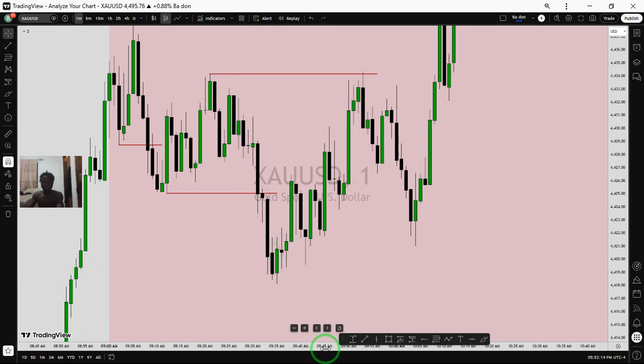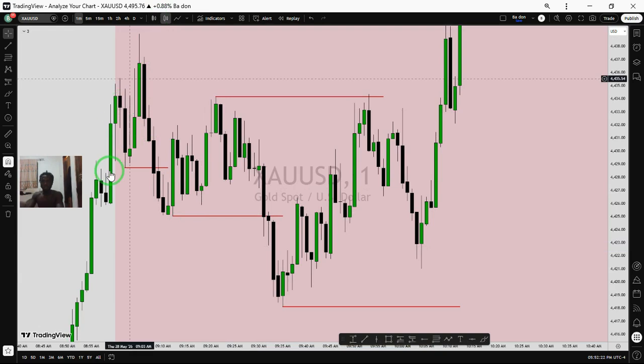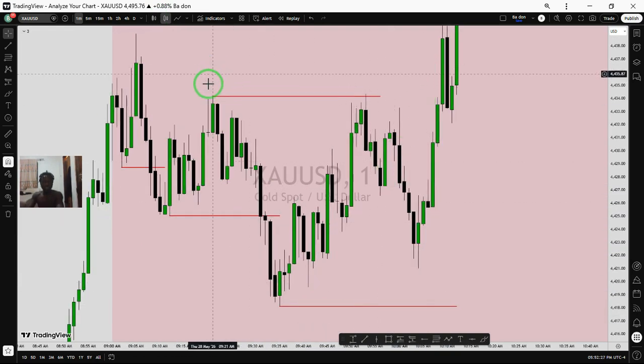You see, so this is the low of this current structure. Now as you can see, price swept that high but failed to break this low.